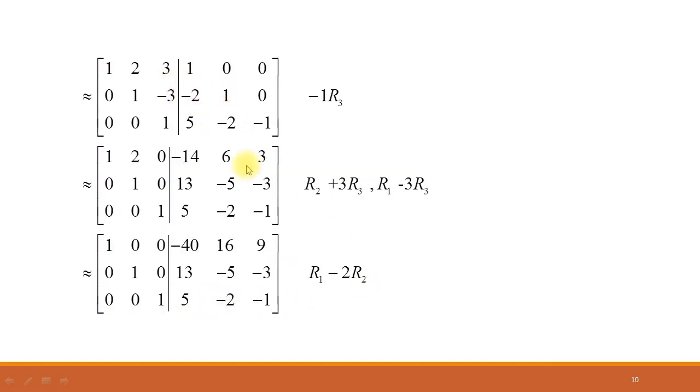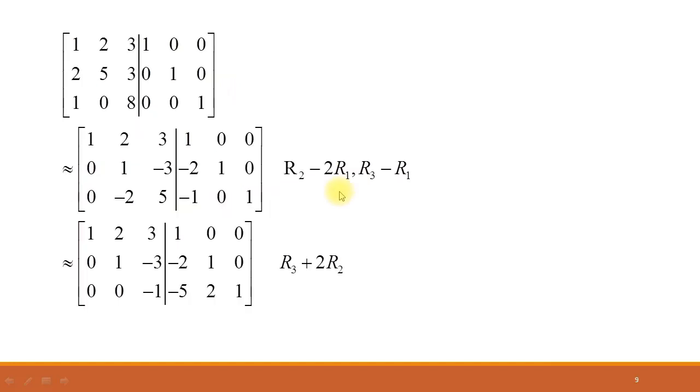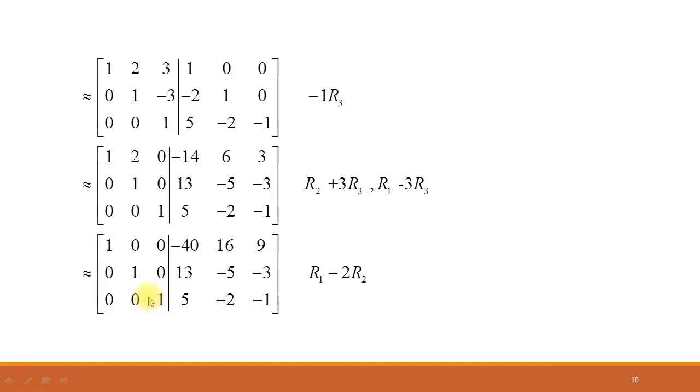Now another operation. Like in the previous slide, in the identity matrix this entry should be plus 1. So multiplying R3 by minus 1, we get 1 2 3, 0 1 minus 3, 0 0 1, and this matrix will now be 1 0 0, minus 2 1 0, 5 minus 2 minus 1.